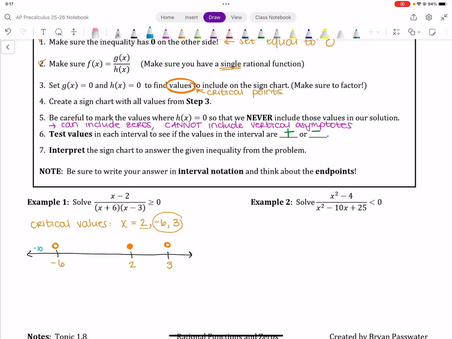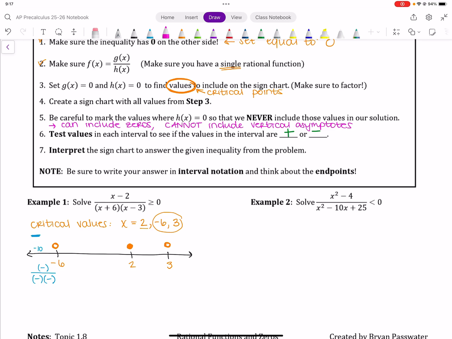So if I think about substituting -10 into my rational function, -10 minus 2 will give me a negative number on top. -10 plus 6 will be another negative. -10 minus 3 will also be negative. And because we have 3 negatives, that entire interval will be negative.